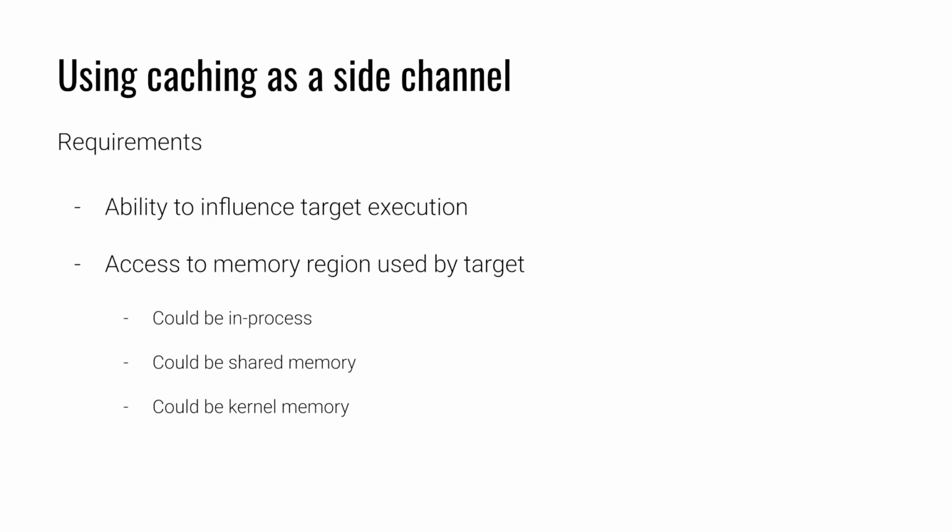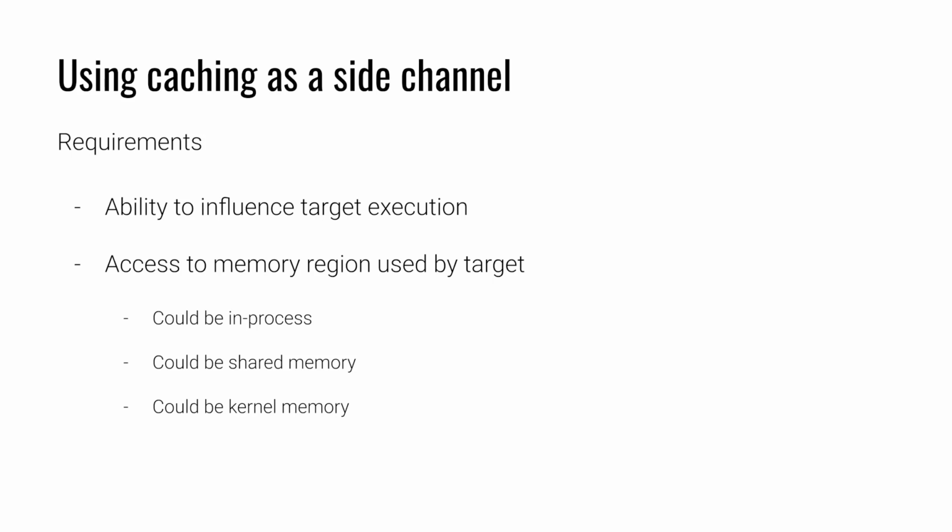Because if I can observe values in the cache that were placed by somebody else, I may not know what the value of that address is, but I can know that that address was accessed by a specific program. And that has intrinsic meaning, right? That conveys information via a side channel.